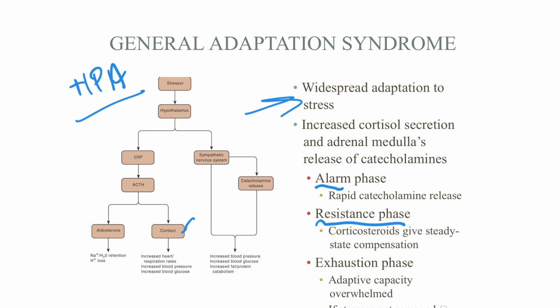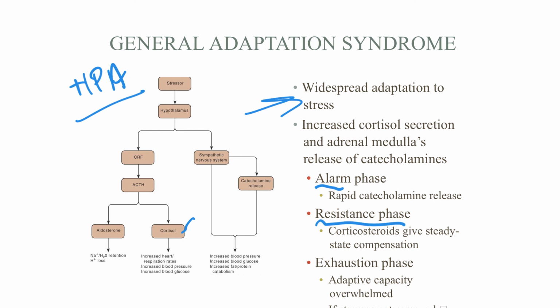And once we get cortisol and the other corticosteroids into the periphery, we start to see what's called a steady state compensation. The body is providing alternative fuel sources. Instead of the short-term alterations you'll see in sympathetic discharge, the cortisol helps to create this ability to withstand prolonged stressors.